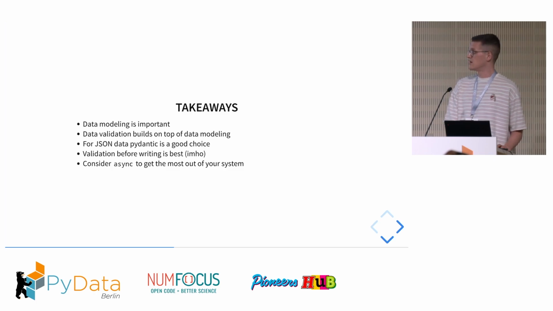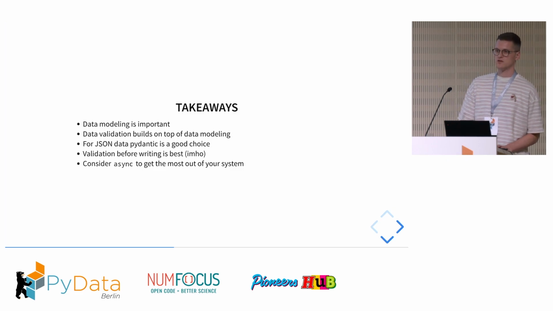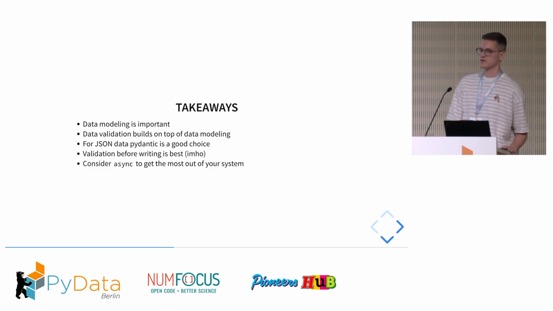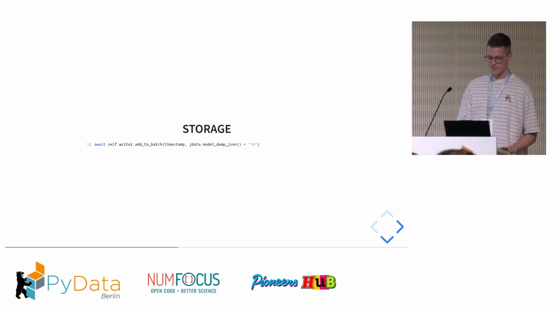Also, I think validation before writing is the better approach if performance allows for that, because you can deal with validation and data quality issues as early as possible, and you don't have bad data in your system. Although that's probably an opinion, and there are different approaches to this. And if you are running at the very boundary of your performance, I would also consider async just to get the most out of your system.